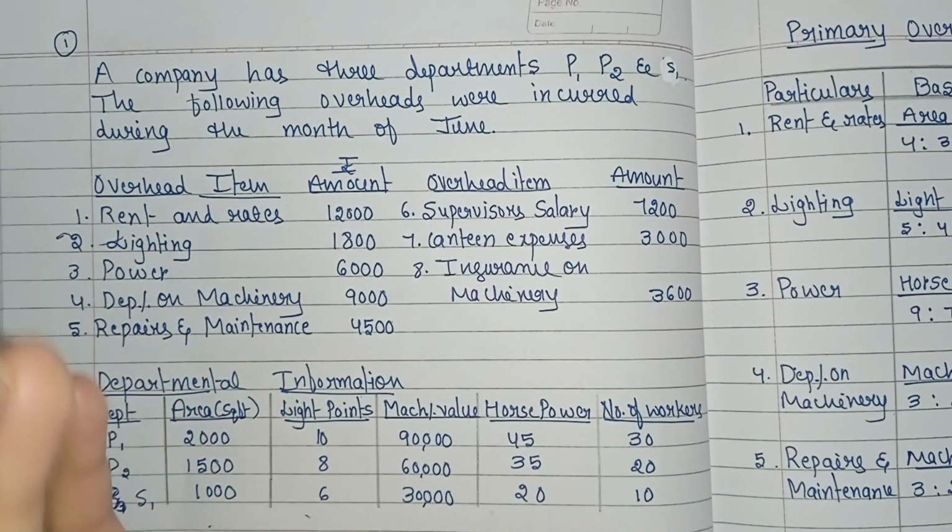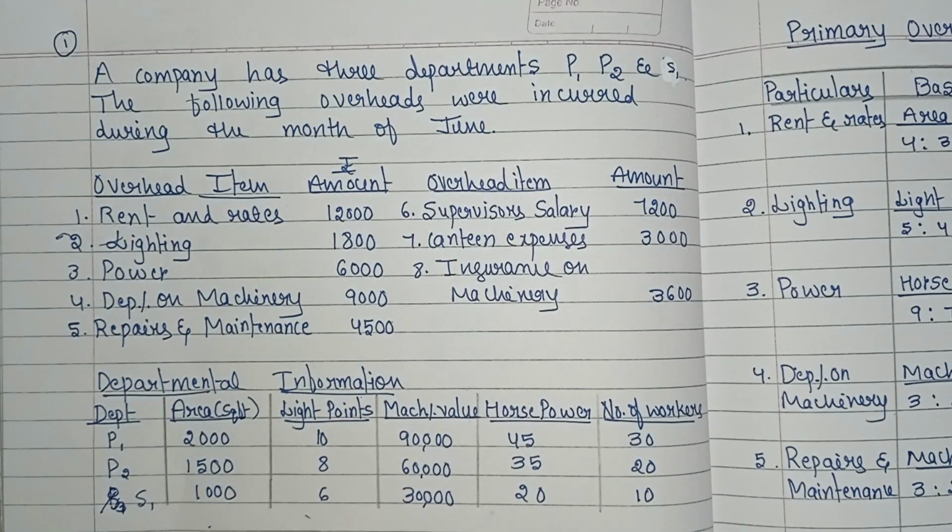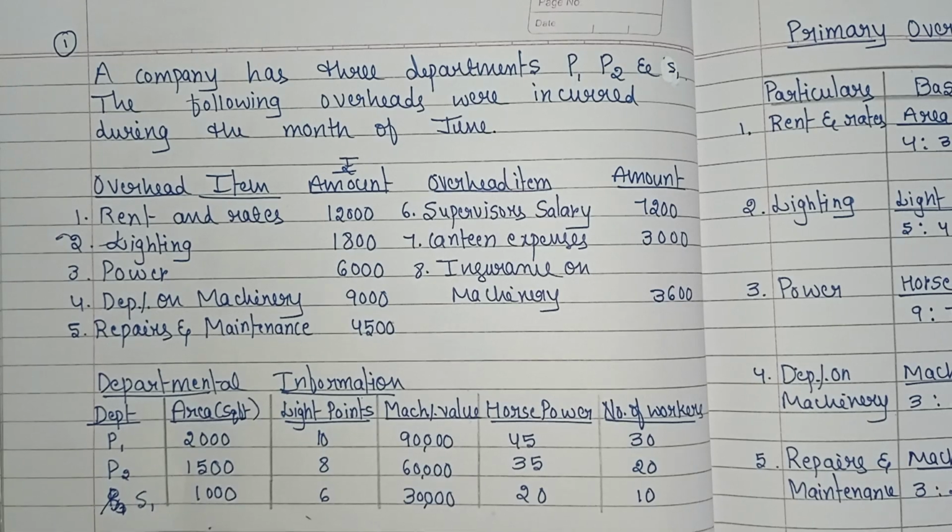Clear? That is the key to choosing a fair apportionment basis. So in this problem, you have to always ask yourself this. Clear? Now let's solve the problem.